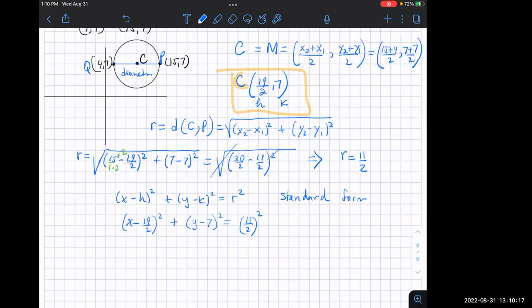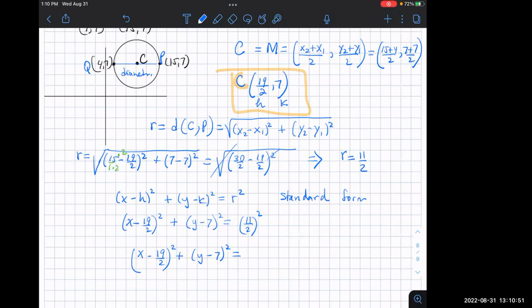Let's multiply out the 11 over 2 one step further. Simplify 11 over 2 squared. That is like 5.5, something like that.